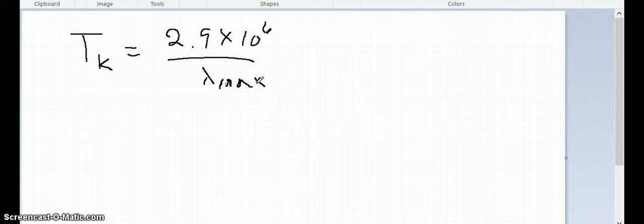And of course, lambda max is in nanometers. This value right here is always in nanometers. All right, that looks a little better. So sorry about that.